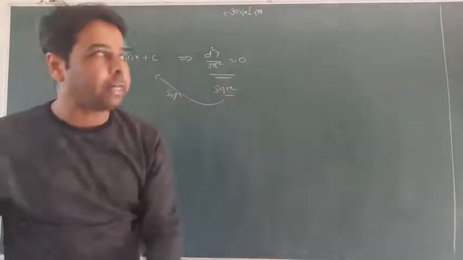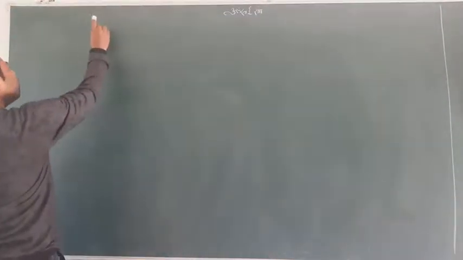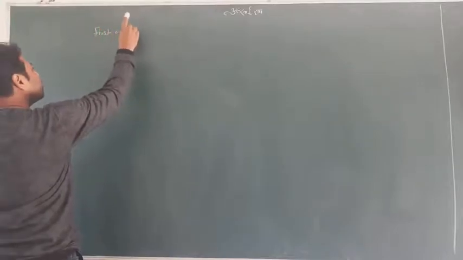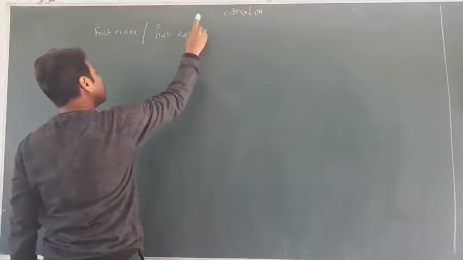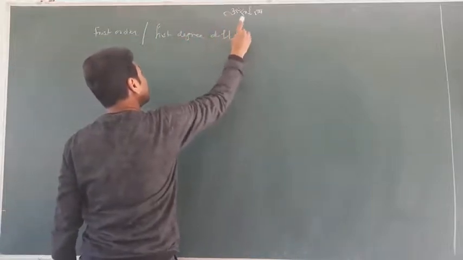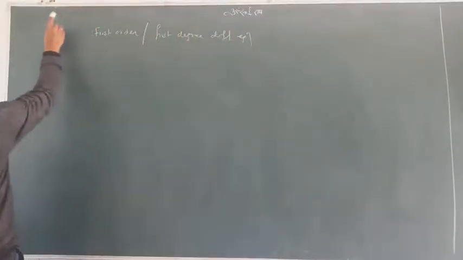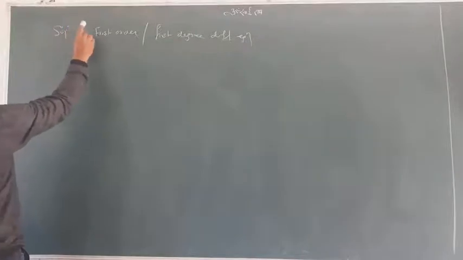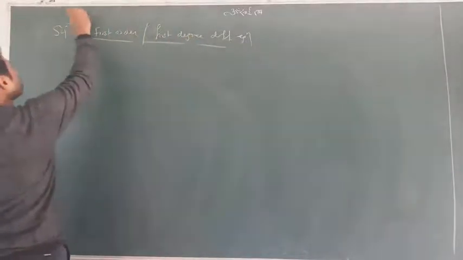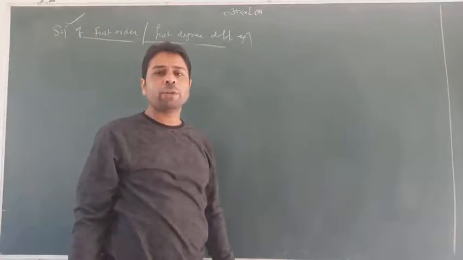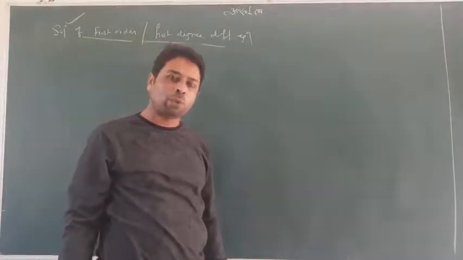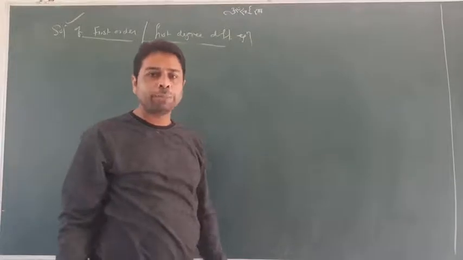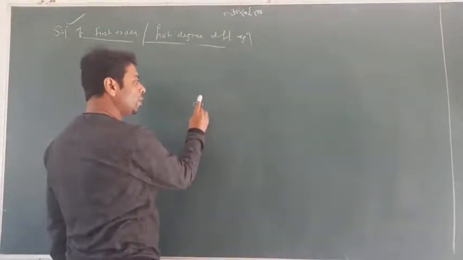So I tell you one thing, that we just have first order, first degree differential equations and their solutions. So a very important thing is that we have to solve only those differential equations which are first order and first degree, and you all know about order and degree. Order meaning dy by dx only.